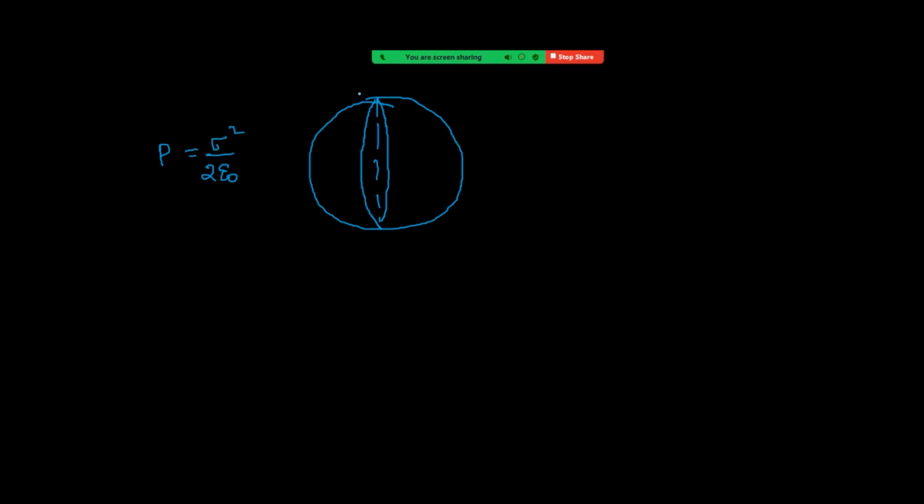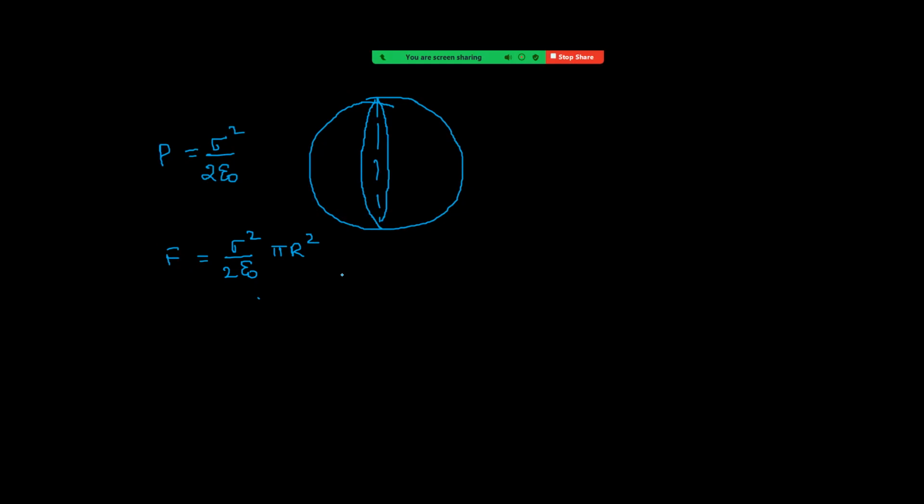So force by one hemisphere on the other one is electrostatic pressure, sigma square by 2 epsilon naught, into this projection area, that is pi r square.